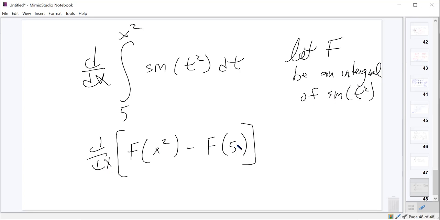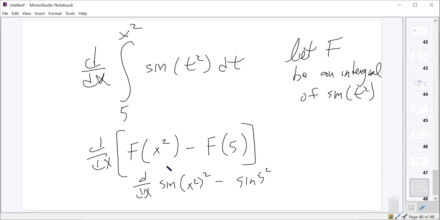And the same thing goes on here. We take the derivative of capital F. The derivative of capital F should be sine of t squared. So I'm going to evaluate sine of t squared at x squared.